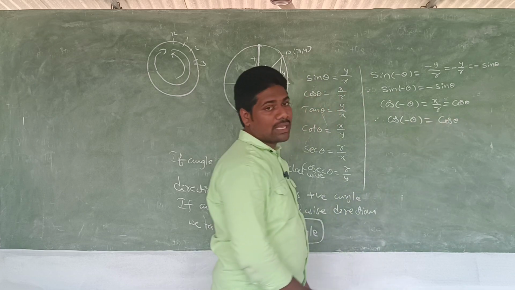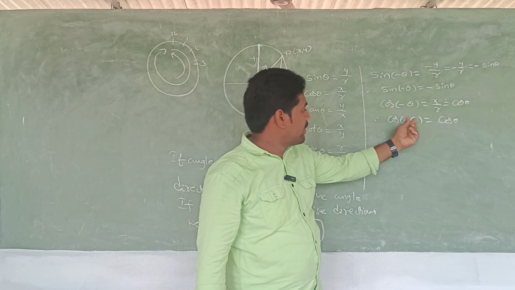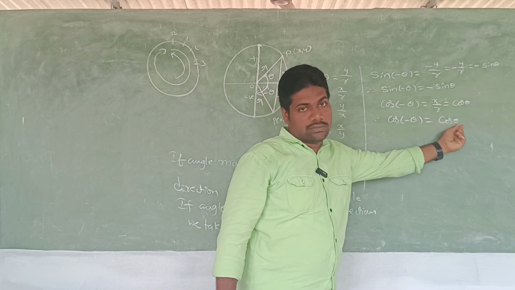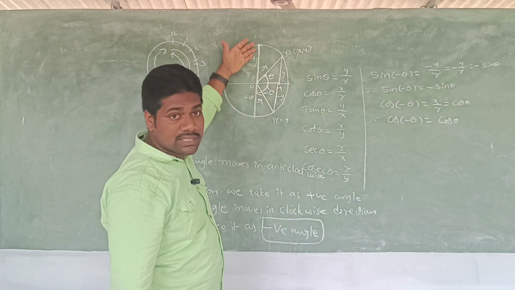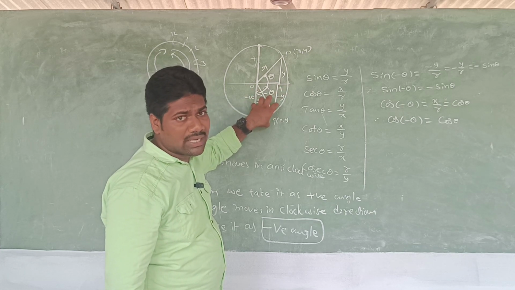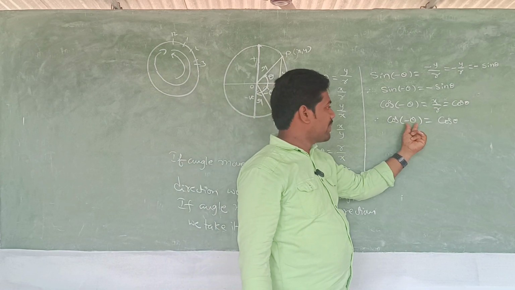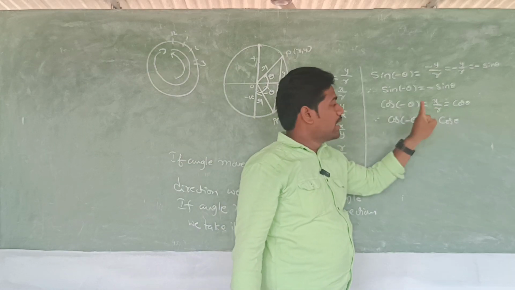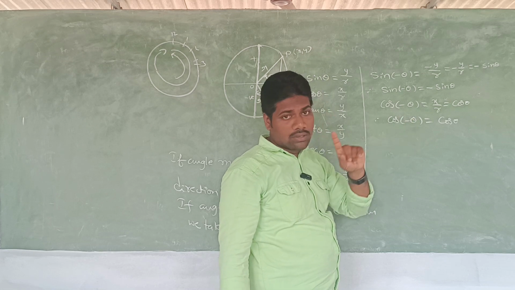In the cos theta case, the minus does not change. Whenever it is minus theta, here it is positive, because this is the fourth quadrant. In the fourth quadrant, as we saw in the last class, cos theta and secant theta are positive.